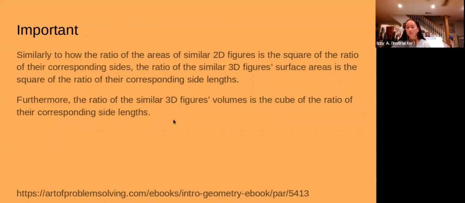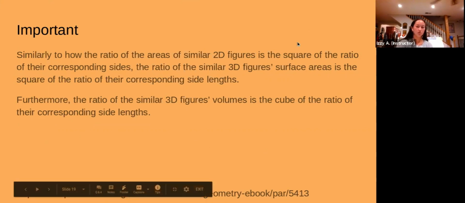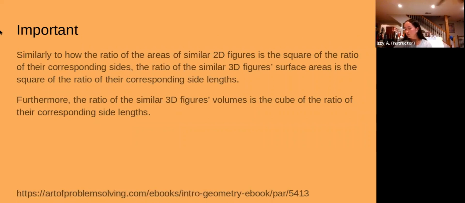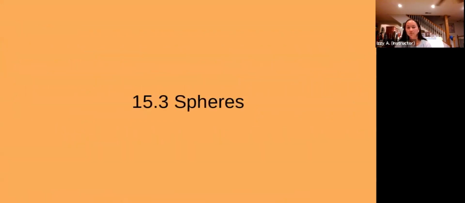So this is just information about ratios. I would say this is more advanced information, so I wouldn't worry too much about it for now. But once you get to learning geometry, you can start paying more attention to ratios.